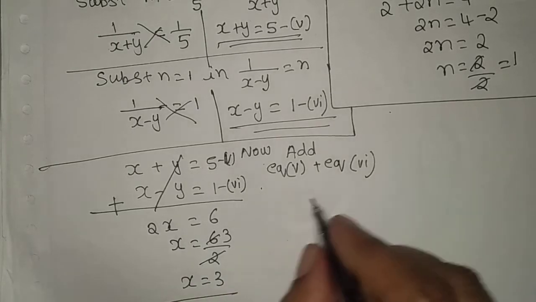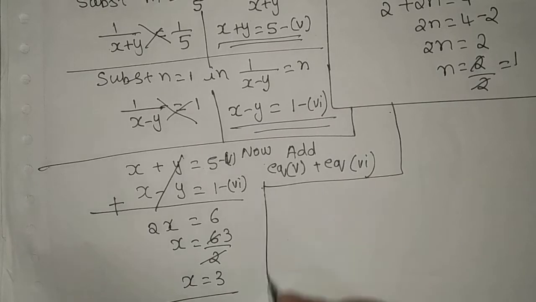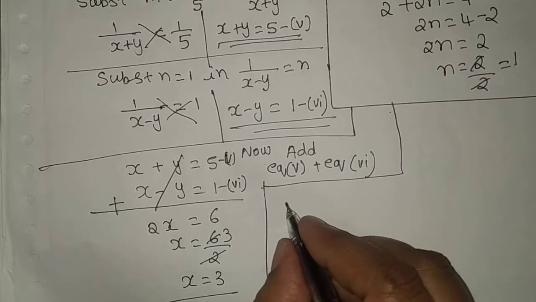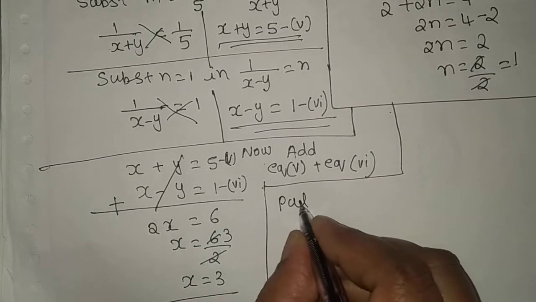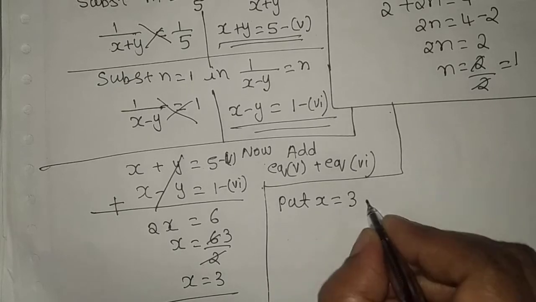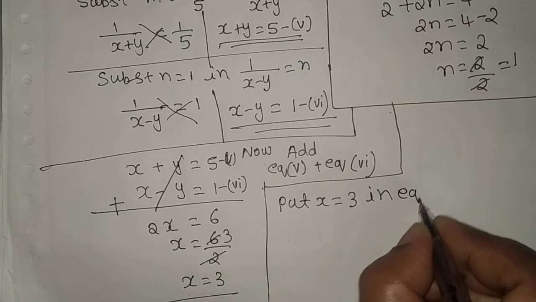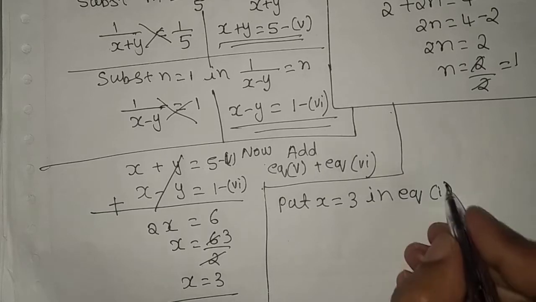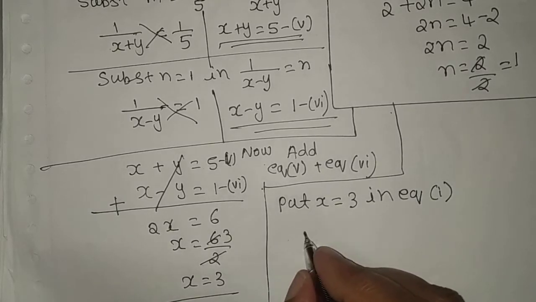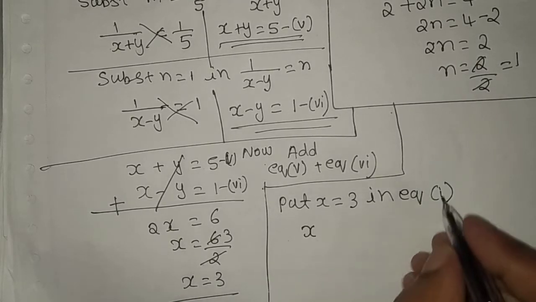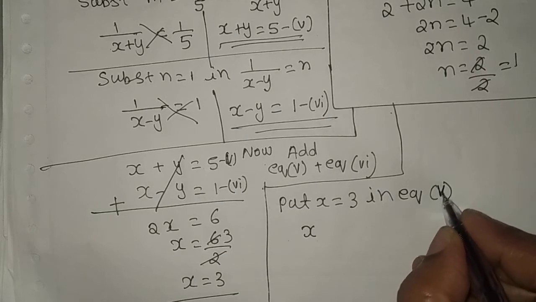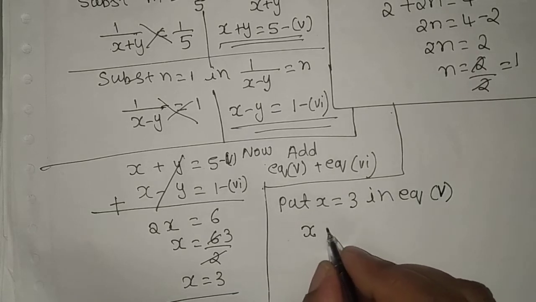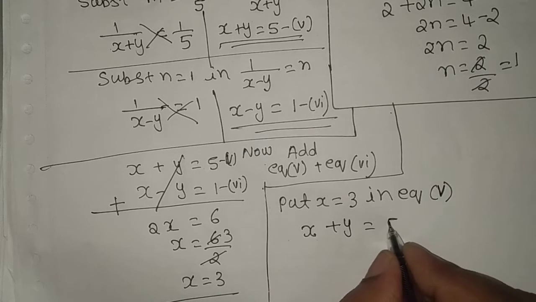So next step, after this, put x is equal to 3 in equation 5. Equation 5 is x plus y is equal to 5.